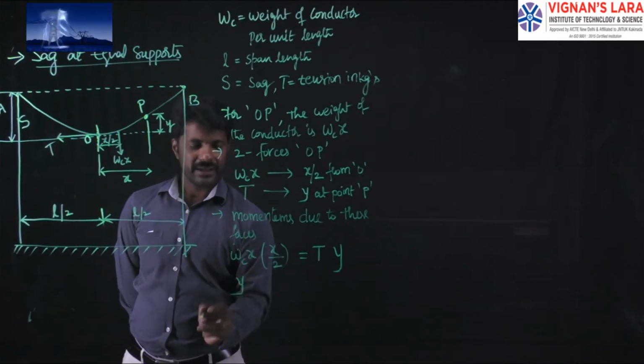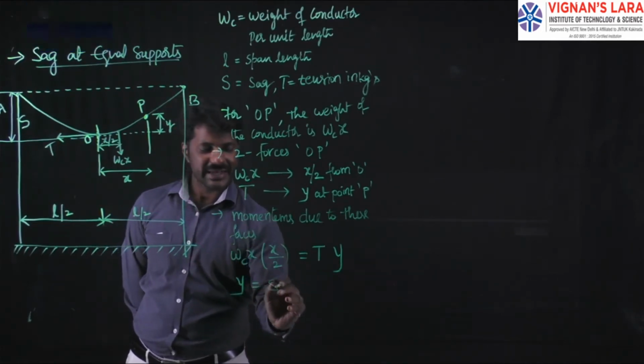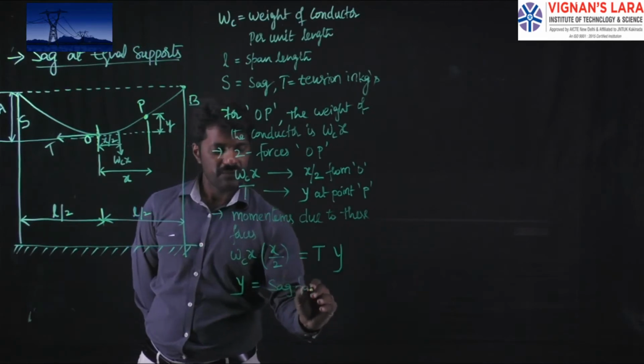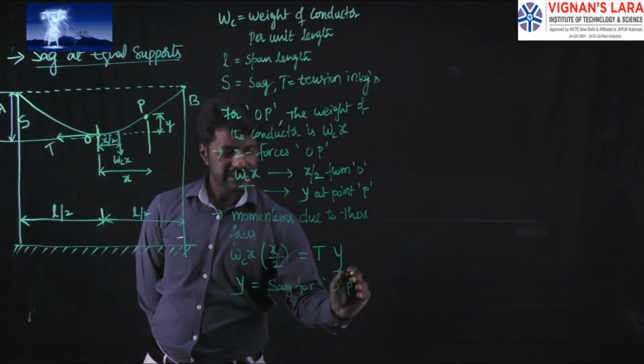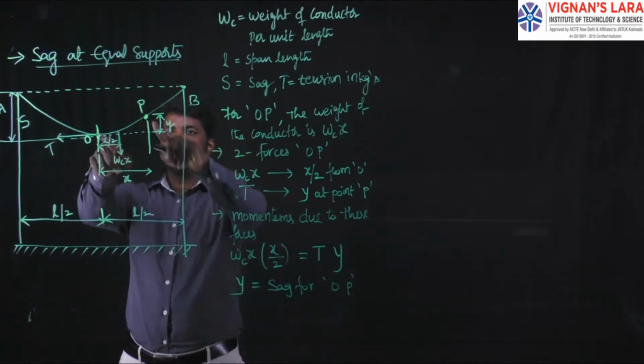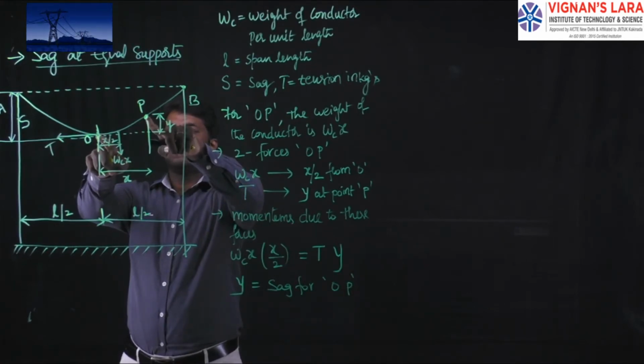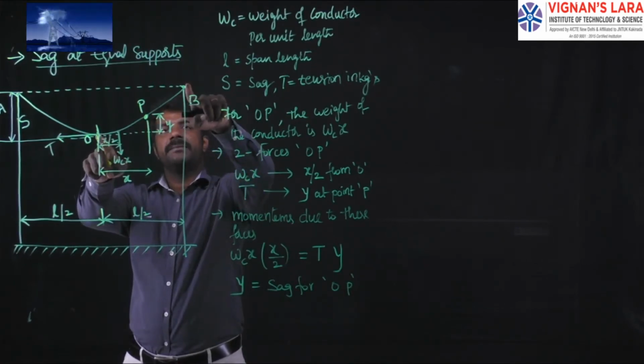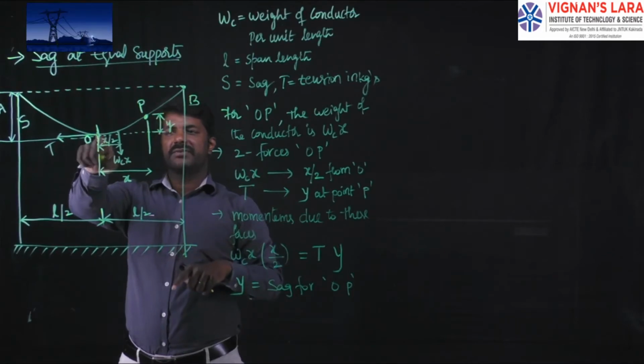Therefore, the Y, which is considered as the sag for a portion of OP length. I am interested first in calculating the sag for this OP length, which will be extended up to this point B, because O was the reference for any calculation.